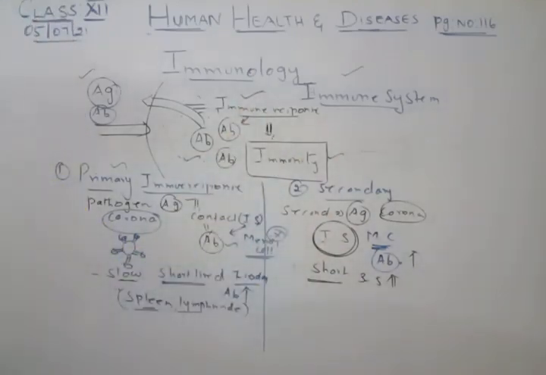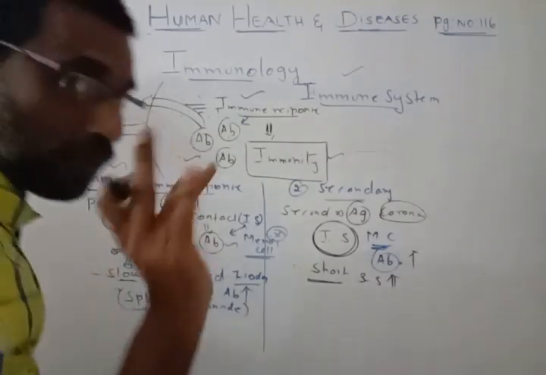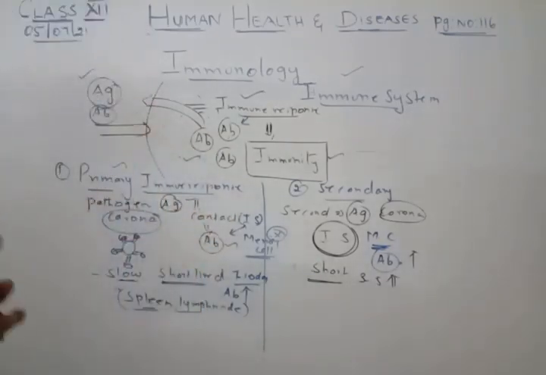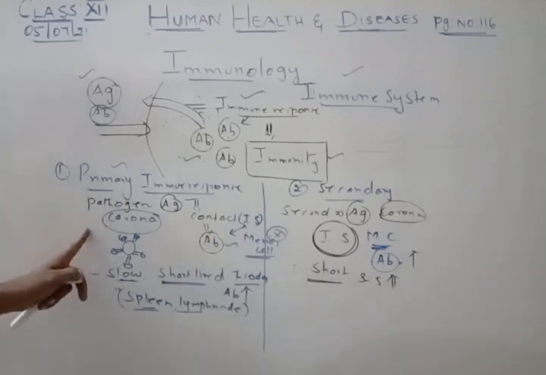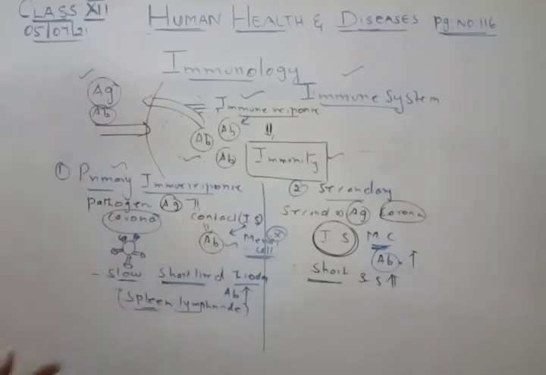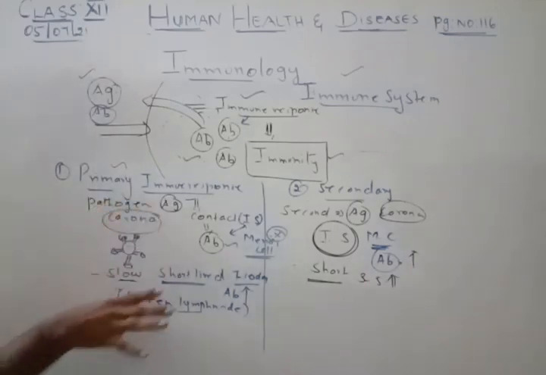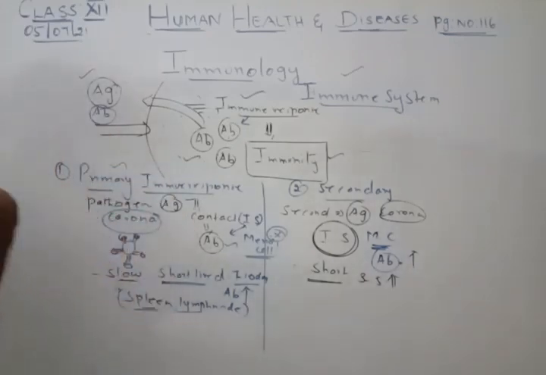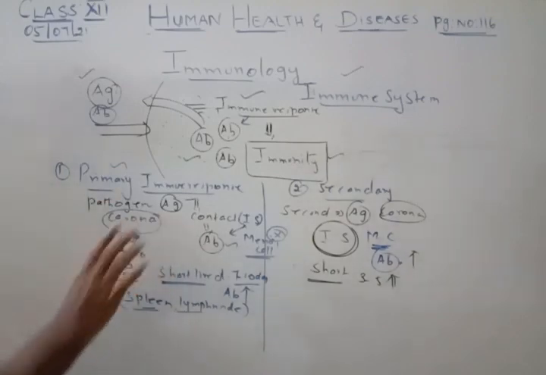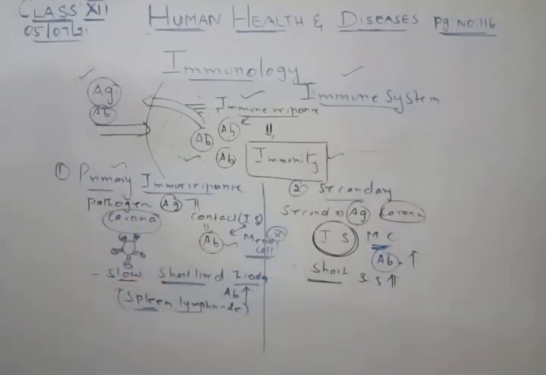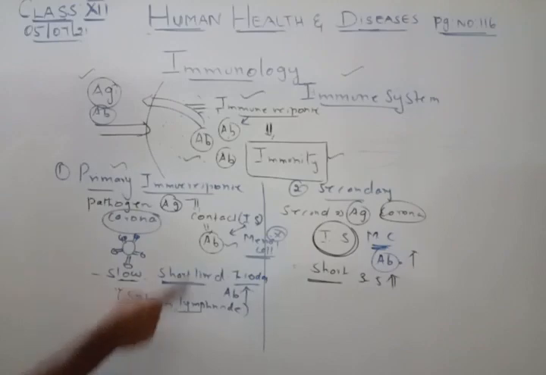Clear? So that is why even with coronavirus we are taking the vaccine, and we are taking a second booster dose. In the first dose, what is happening? What is corona vaccination, that you know? The vaccine part we will talk about later. In vaccination, instead of the actual virus, we are inserting a kind of antigen to produce antibody. So with the first dose, antibodies are created when the first injection is given.